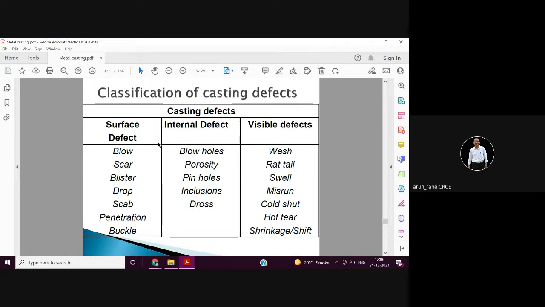Rather than surface and visible defects, internal defects are more important because they can lead to the failure of the component.